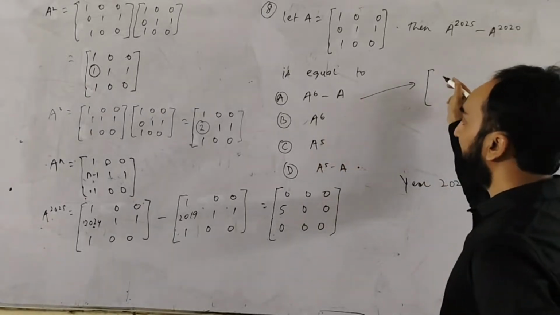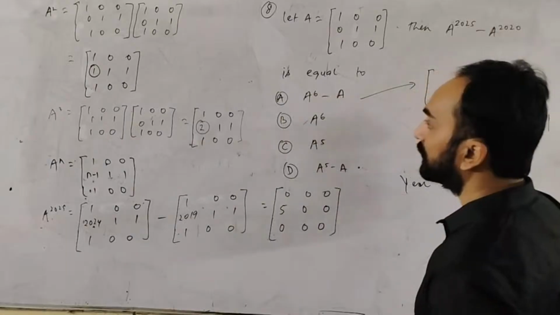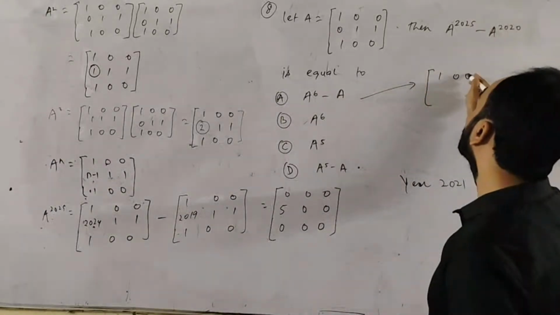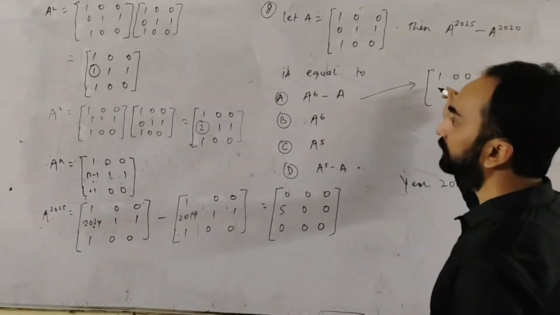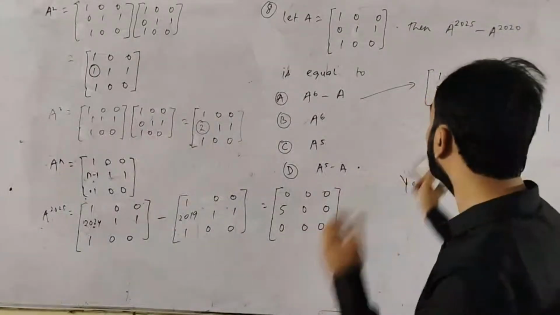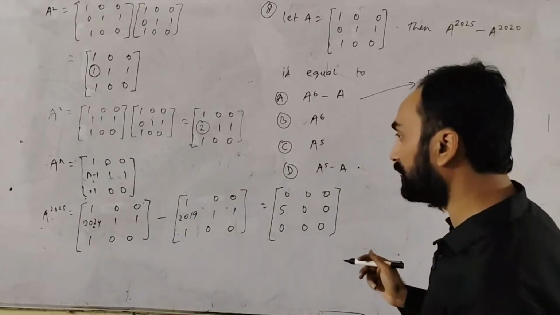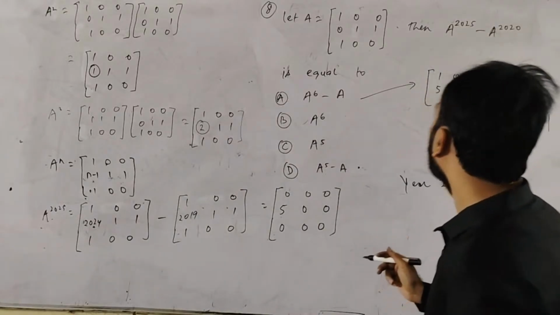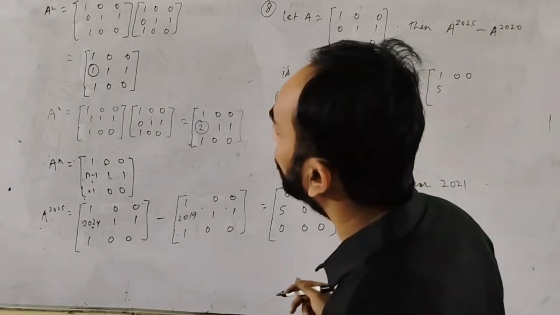So how to write? A to the power 6 will be 1, 0, 0, and here it will be 4, 5. A to the power 6 will be here 5, and minus A. A was 0, correct?